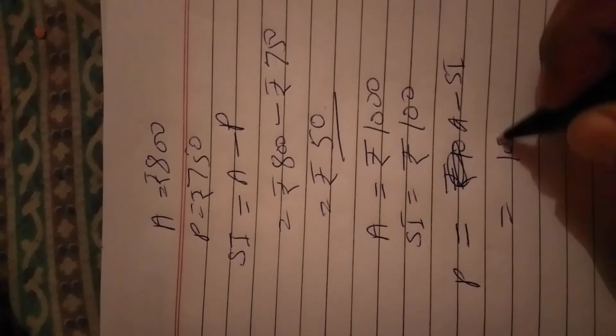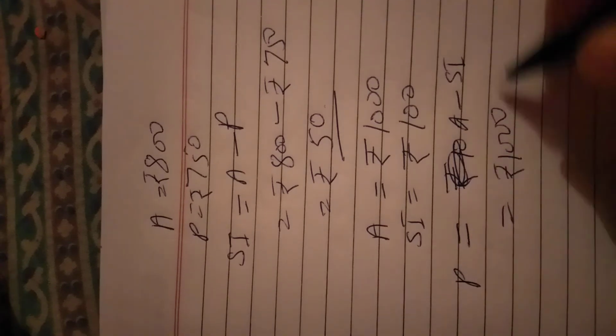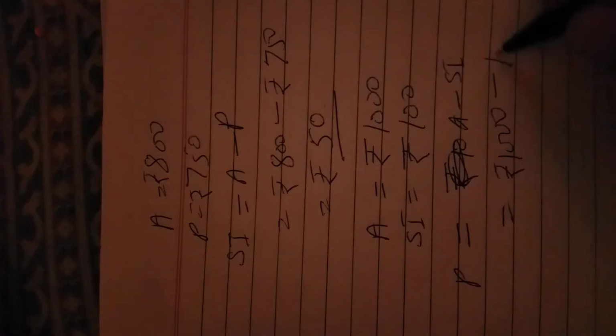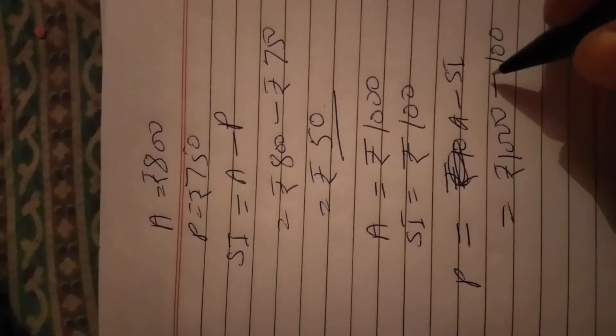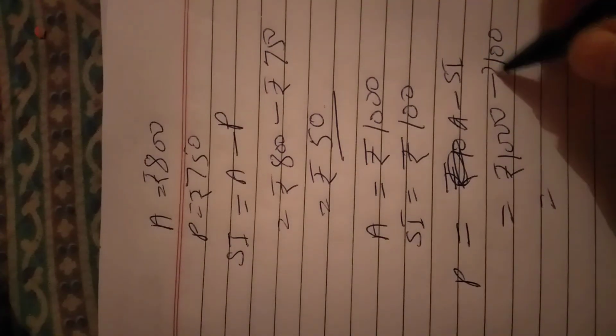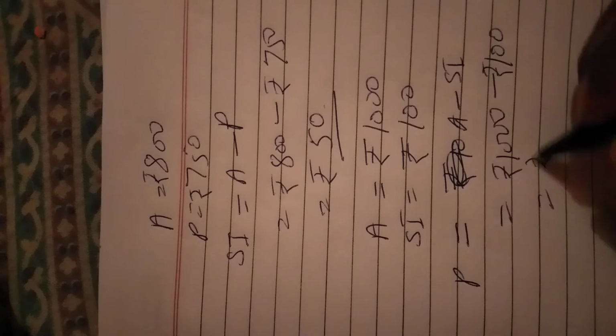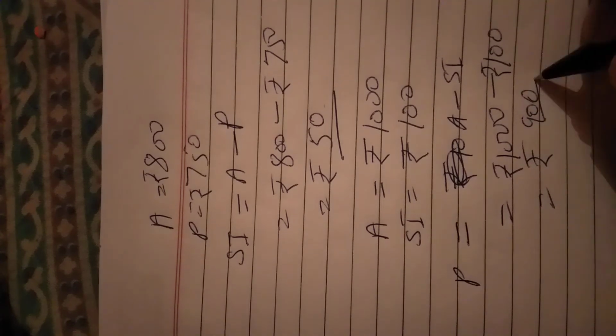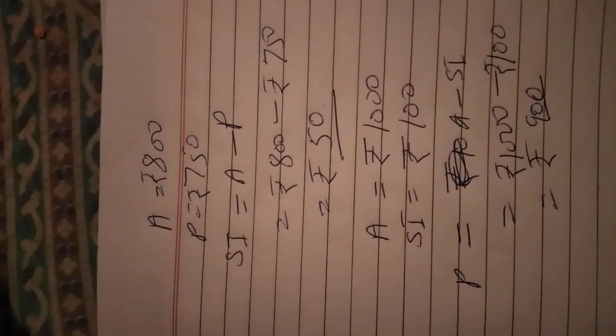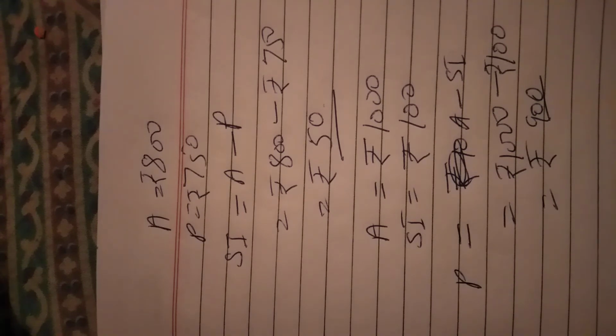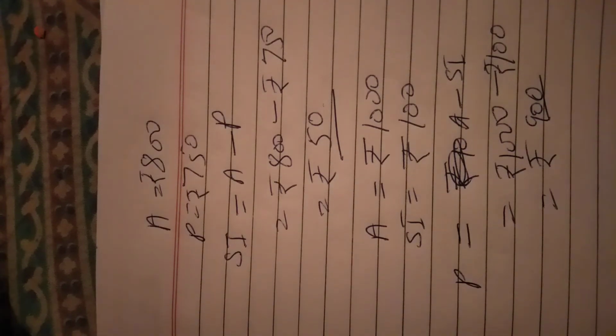So amount is 1000 rupees minus simple interest 100 rupees. So what will be the principal? 900 rupees. So in this way we can find out the amount, simple interest and principal.